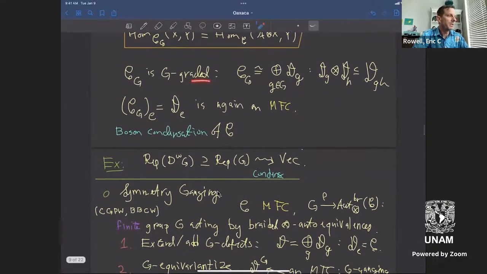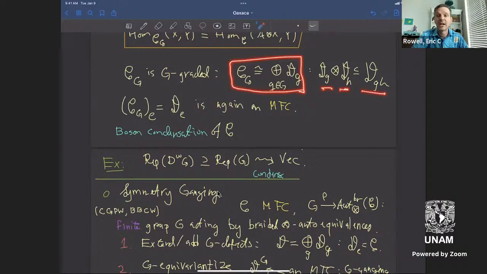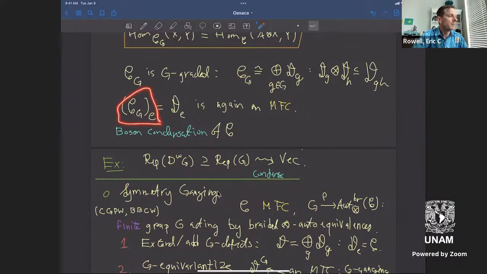The new category will be G-graded, meaning it has a direct sum decomposition into subcategories, so that when you tensor grade g with grade h, it lands in grade gh. And once you've done this, this is for all elements of the group G, this will be a faithful grading. And if you take g equal to the identity in G, this will again be a modular fusion category.